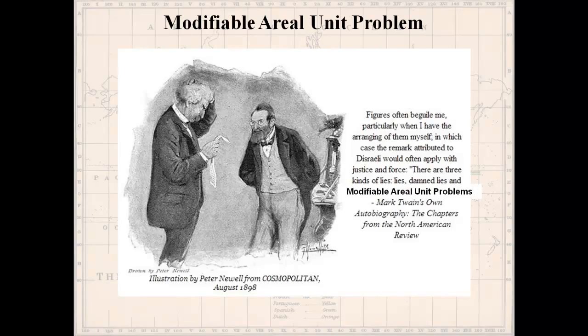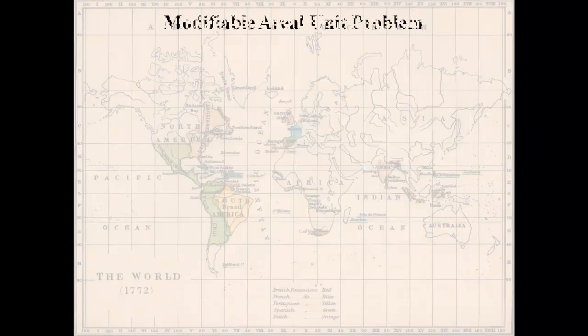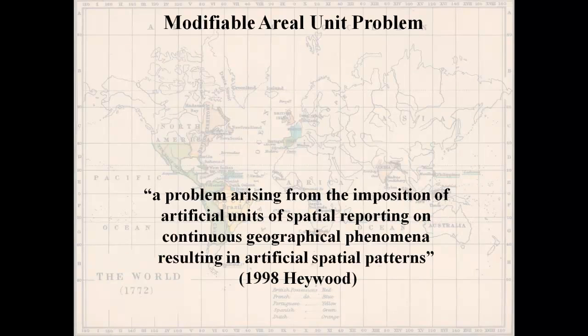So this is another one of those enumeration things where when you report the data at a unit higher than it's been collected, you can cause issues with what the results are and how it's interpreted. So it's a problem arising from imposition of artificial units, states, counties, things like that, for enumeration.